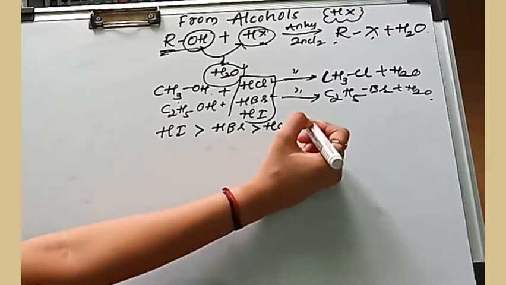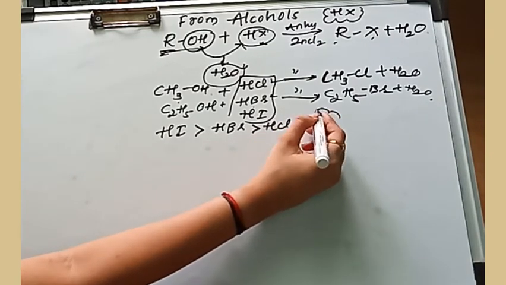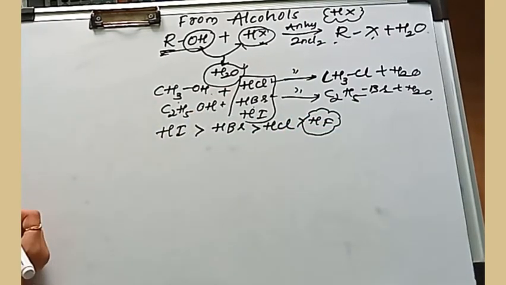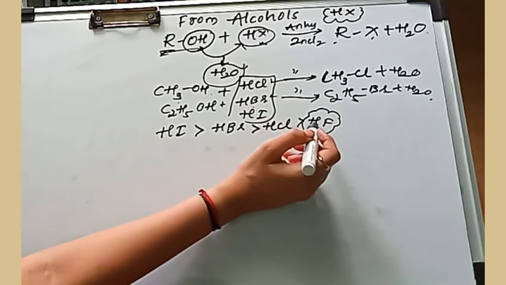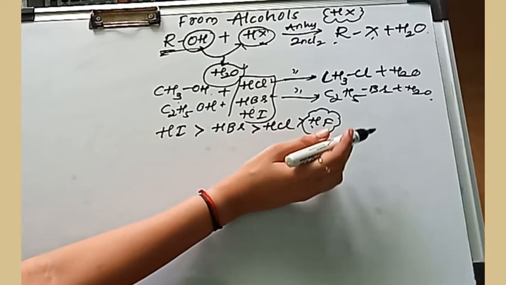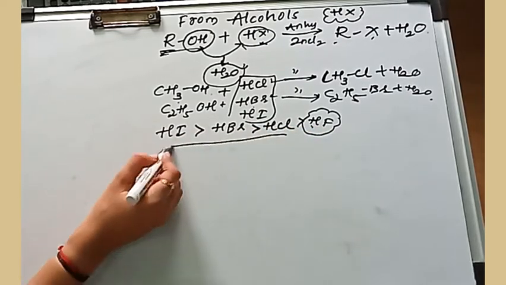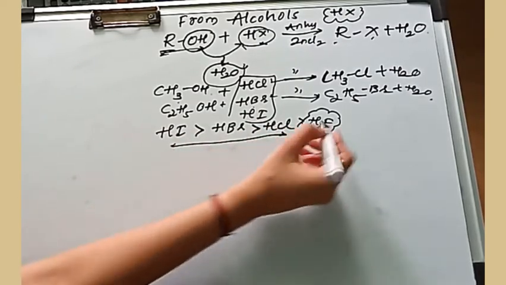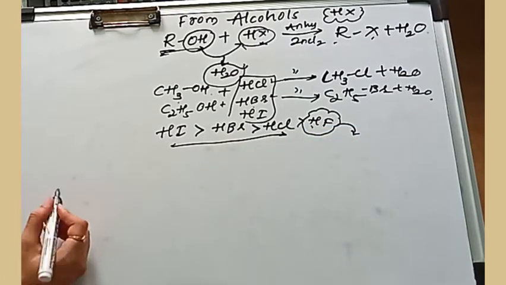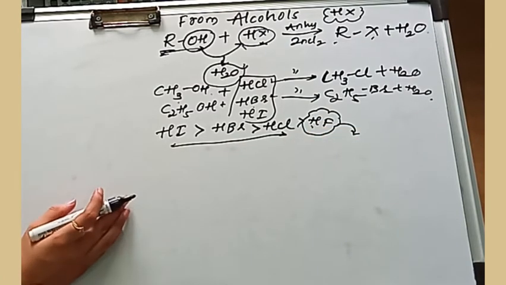HF is not considered because of the high electronegativity of fluorine. There will not be the dissociation of H and F separately. That is why only these three are considered. Also the fluoride size is very small. That is also one reason why we are not considering it.